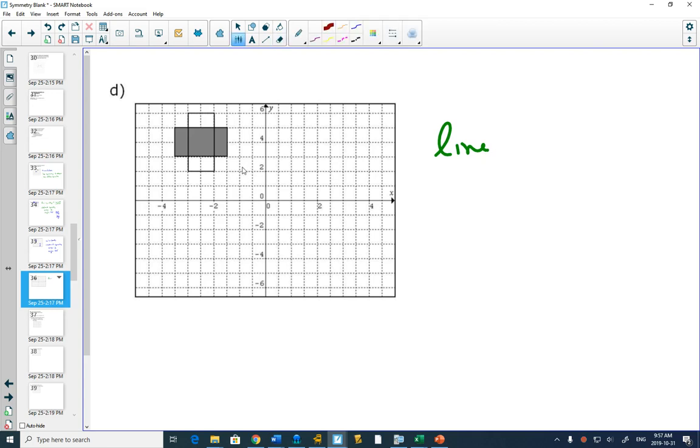How many lines of symmetry? 4 of them. Okay, you would have 1, 2, horizontal, vertical, 3, 4. Line symmetry, there are 4 of them.